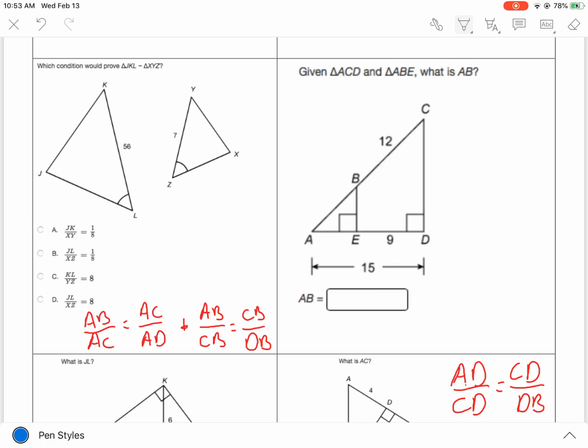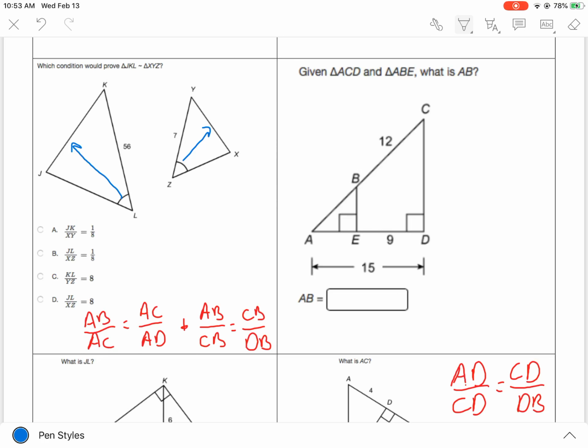Which condition would prove JKL is similar to XYZ? JK over XY, so opposite, JK over XY is equal to 1/8.